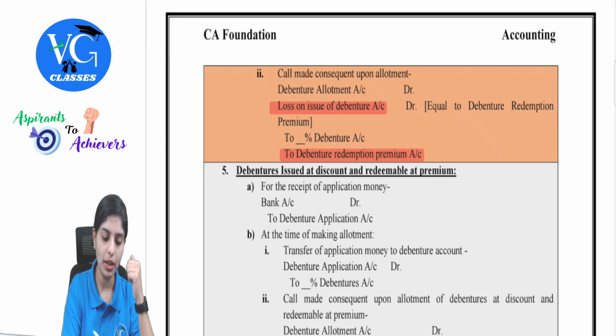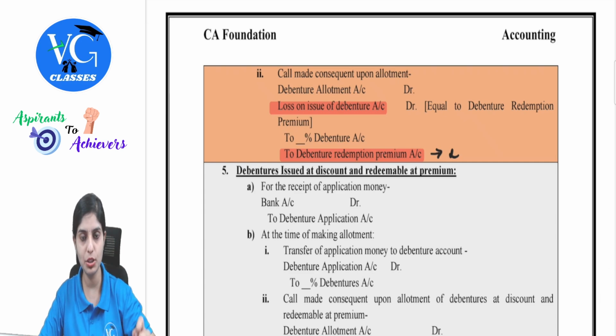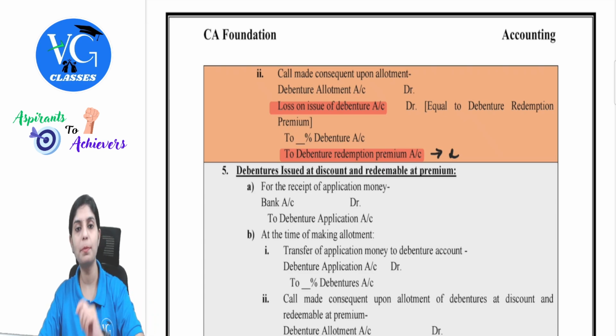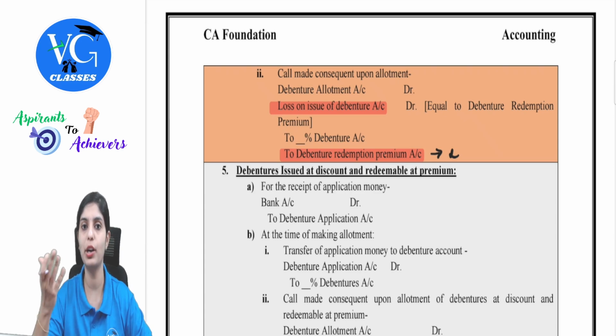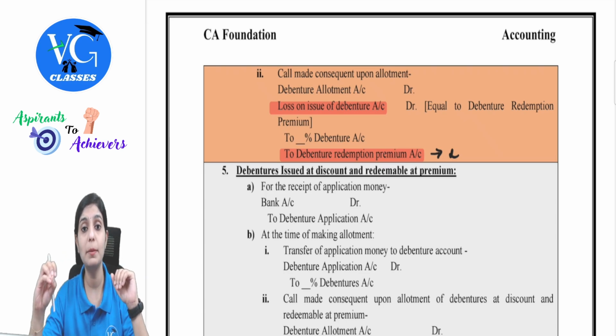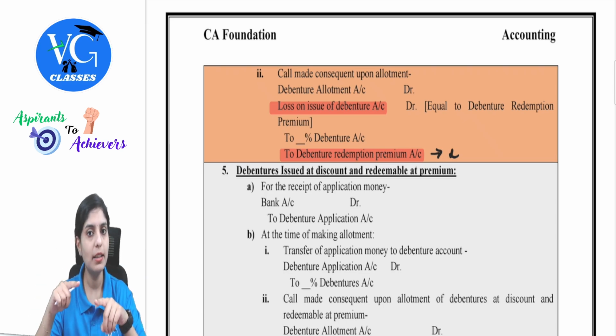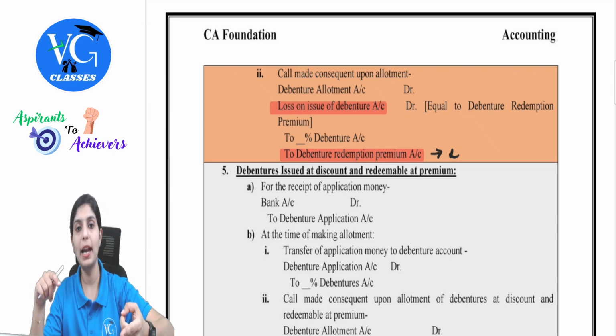This is one point because this is in the nature of liability. What about the amount taken on the debit side? Understand one thing. If I just pass the entry debenture allotment account debit to debentures, to debenture redemption premium, do you think the concept of double entry will be holding good here? No. The debit side will have one balance, the credit side will show another balance. So this liability which I've created is nothing but a loss which is impacting you.